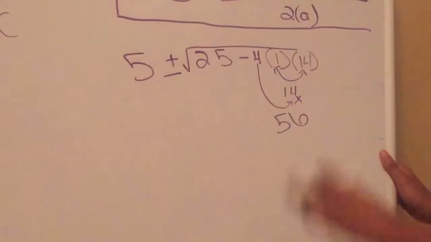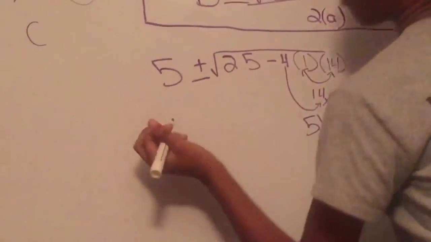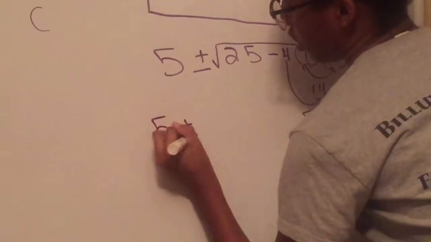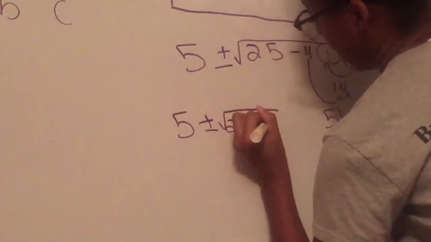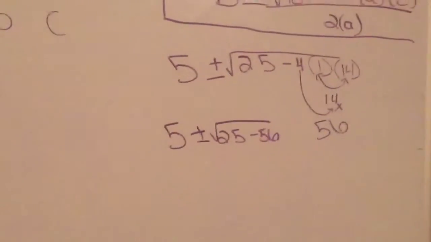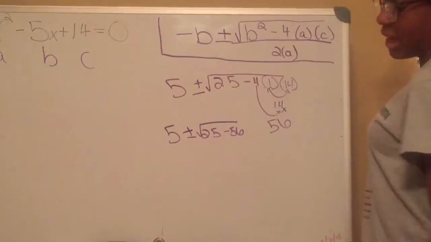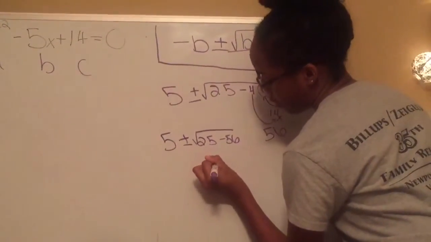So we're going to write the whole problem over with this final product on the side. You have 5 plus or minus 25 minus 56. So we have 25 minus 56. That equals a negative 31.